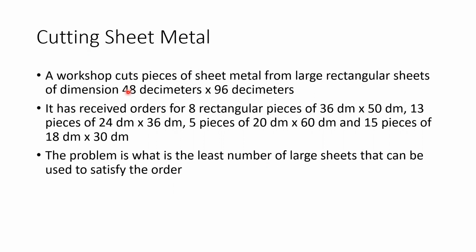It has received orders for rectangular pieces to be cut out from these larger sheets: 8 pieces of dimension 36 cross 50, 13 pieces of 24 cross 36, 5 pieces of 20 cross 60, and 15 pieces of 18 cross 30. The problem is to find the least number of large sheets that can be used to satisfy the entire order.